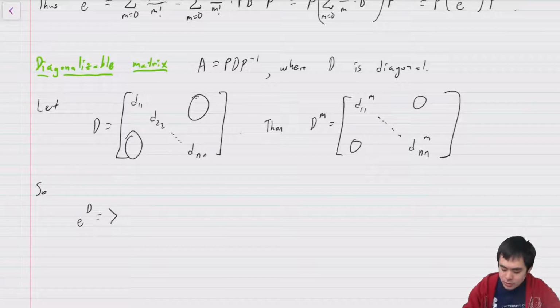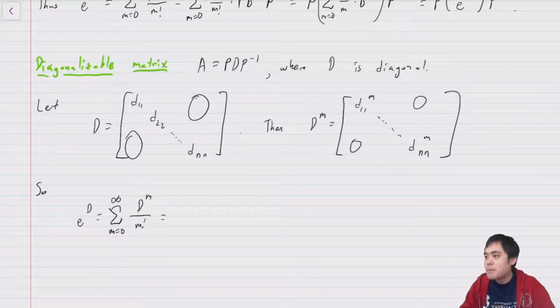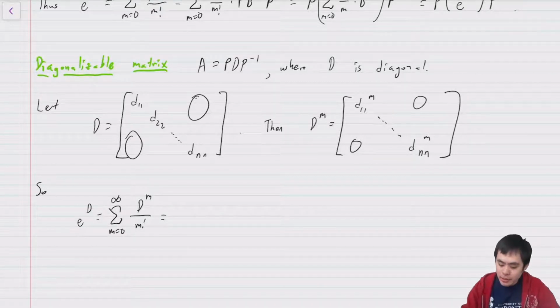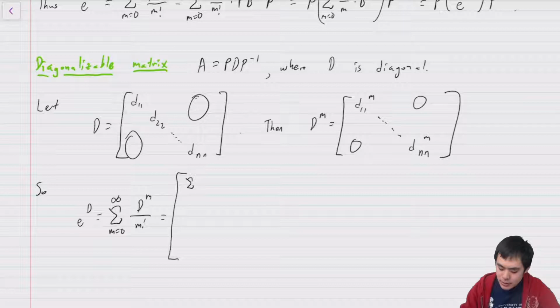So e to the D is going to be the sum from m equals 0 to infinity of D to the m over m factorial, which is going to be, since all these are diagonal matrices, when you sum them together, you get the sums along the diagonal. So you can pull the summation into the matrix. And you get the sum of D11 to the m over m factorial, and just all the sums along the diagonal, through the sum from m equals 0 to infinity of DNN to the m over m factorial.